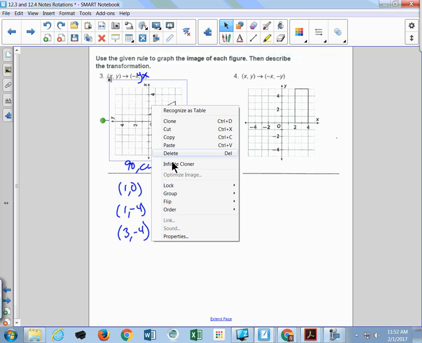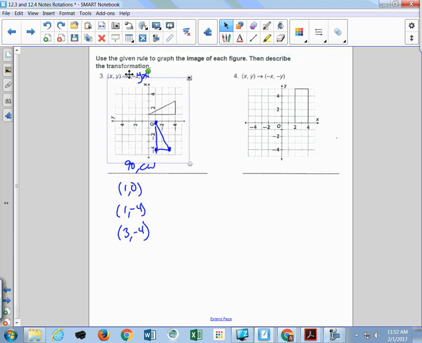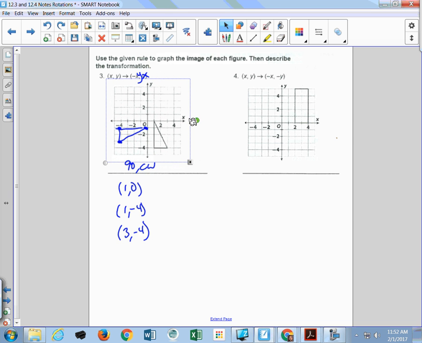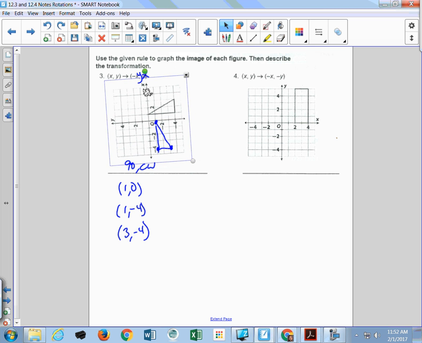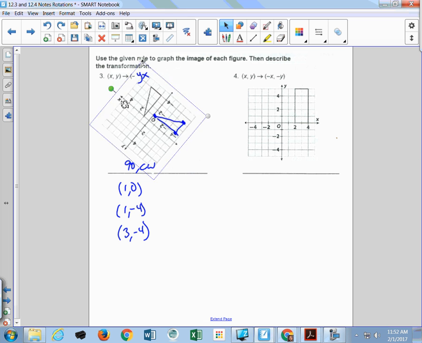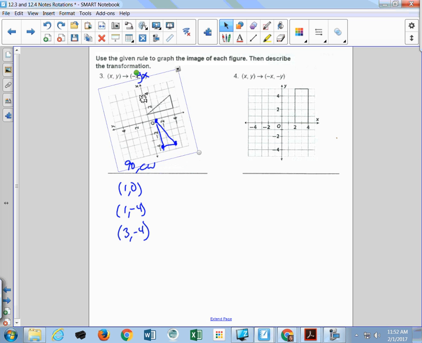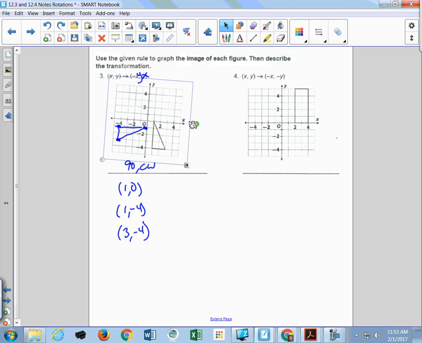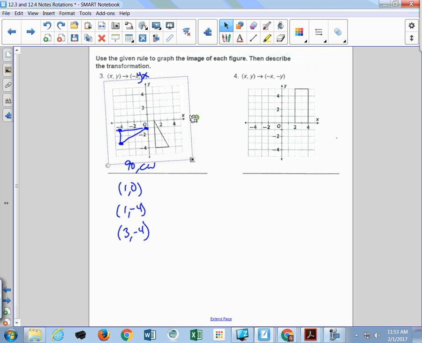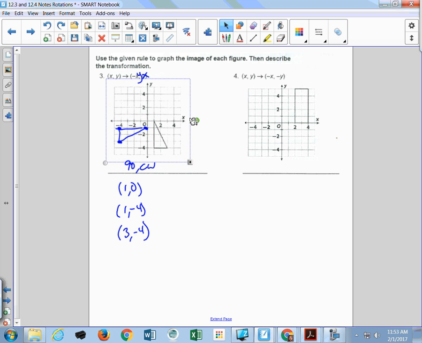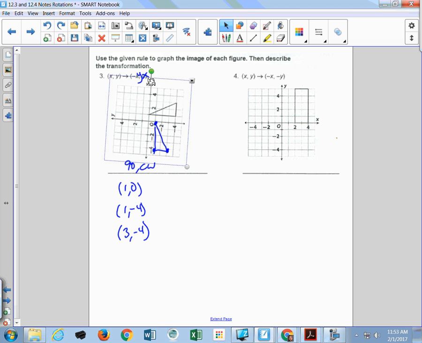Now we can put it together and turn it back. I turned my paper the wrong way, didn't I? So this is where it was. So I need to turn one time counterclockwise.